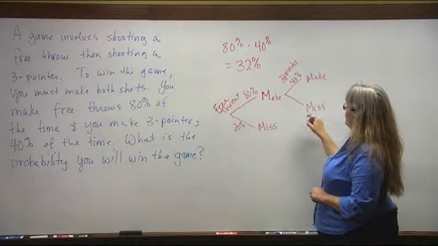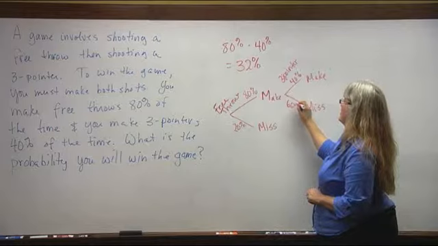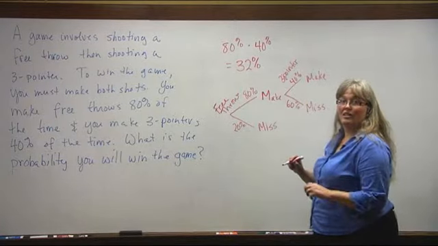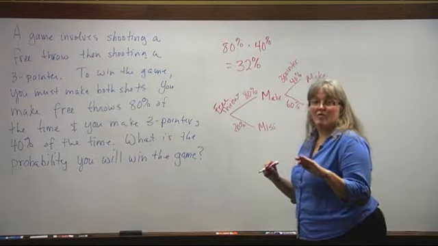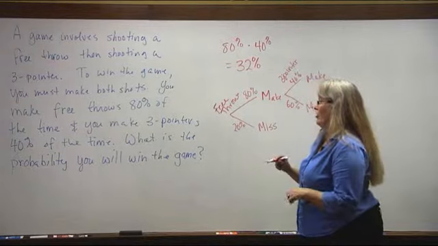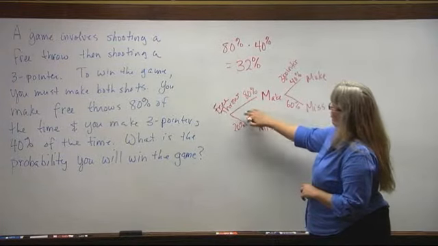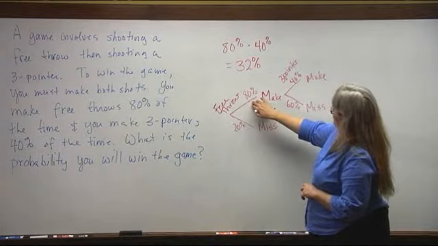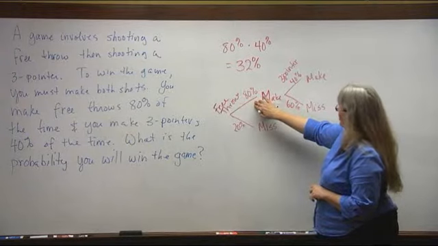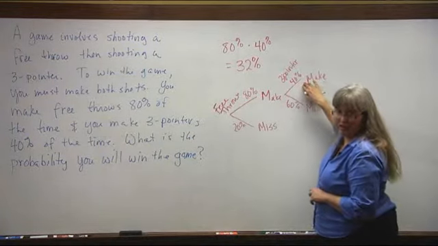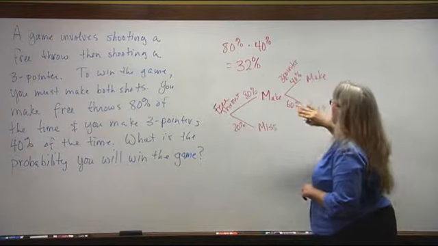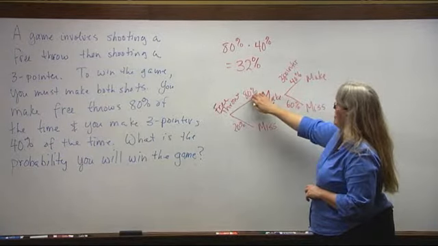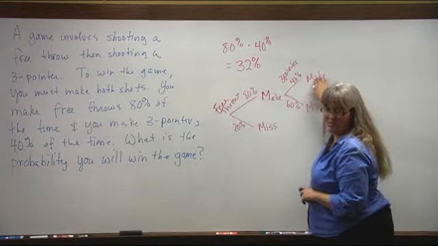And the probability that we miss is 60%. Okay, so the key is we have to make both of these shots in order to win the game. So we have to figure out the probability of doing this and then also doing this three-point shot. And the probability is going to be 80% times 40%.